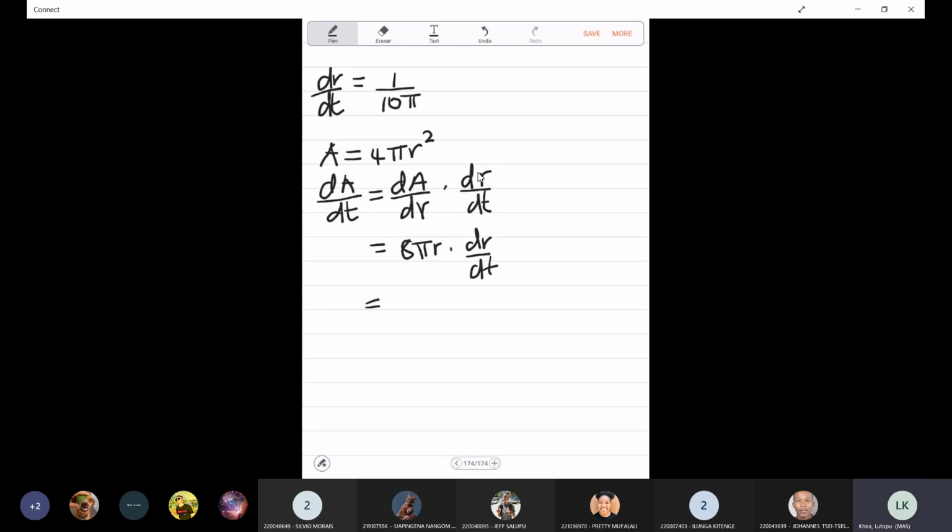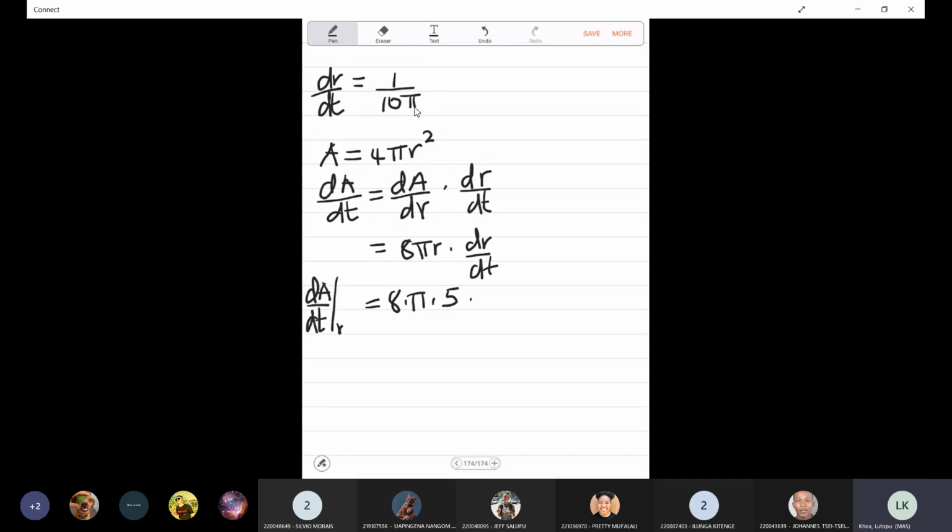Now we can substitute: 8 pi, and the radius given in the question is 5. Then we multiply by dr/dt, which is 1 over 10 pi.